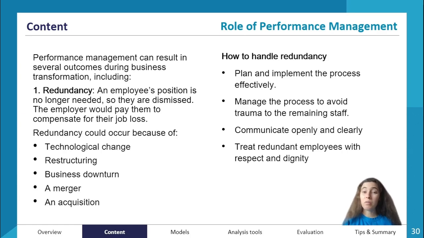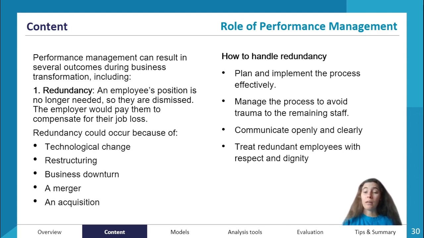So how to handle a redundancy? It's really important that management, again, is responsible here. They need to plan and implement the process really well. It shouldn't just be a really quick decision that doesn't have a great deal of thought behind it, because in order to make it an effective process, you have to avoid trauma to the staff that are still in the organization.